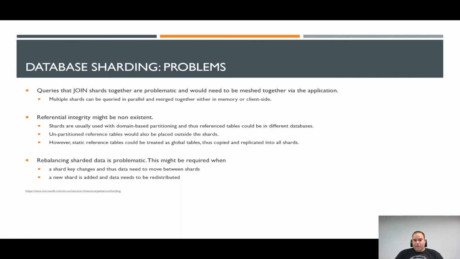Another problem with sharding is the rebalancing issue. Rebalancing shards is required when you add a new shard. Let's say you had 4 shards and you are reaching storage space on all the shards. If you introduce a 5th shard without rebalancing data, you're going to have 4 shards which are full of data and an empty shard.